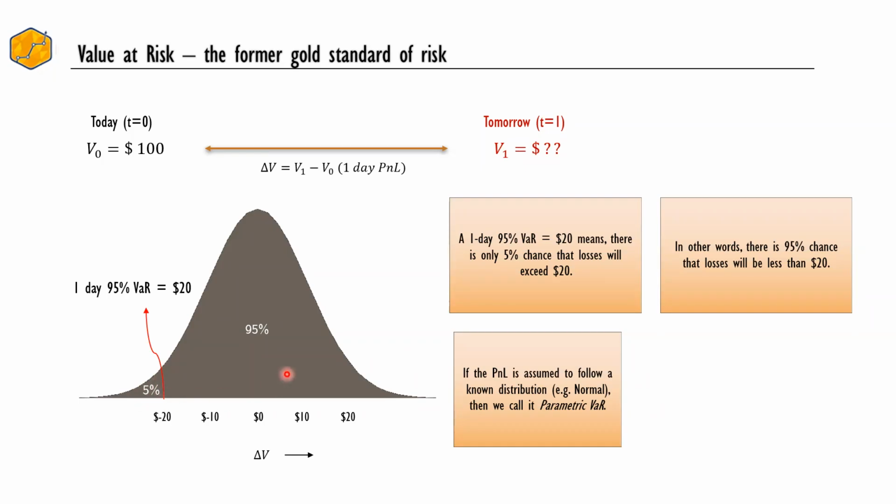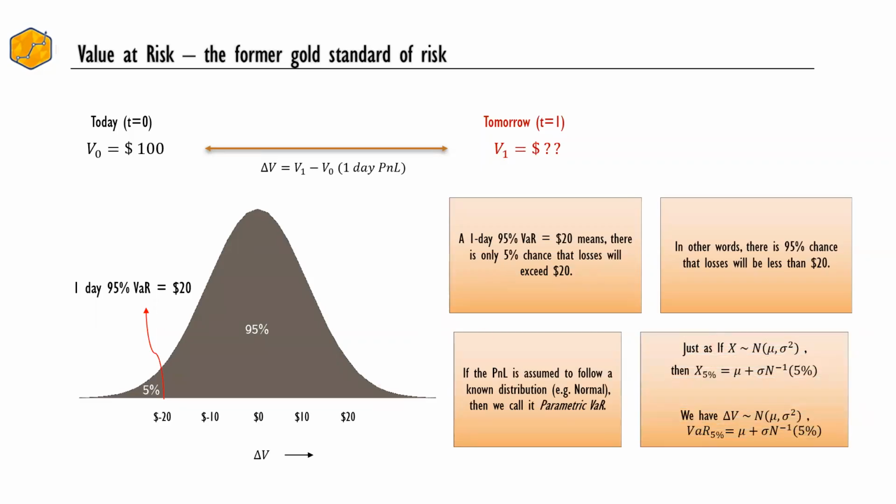There is a ready-made formula for that. If X follows normal distribution with mean mu and variance sigma square, then at the 5% quantile, how do you find the value of X? Simple formula: mu plus sigma Z. And Z you can find by inverting the CDF, correct? N inverse 5%. That's how you find the loss figure.